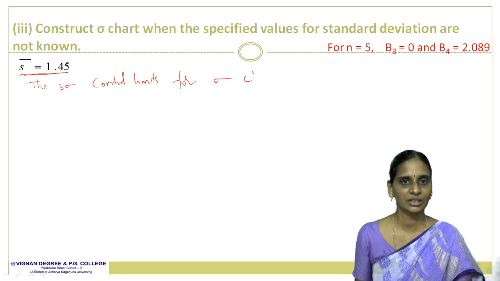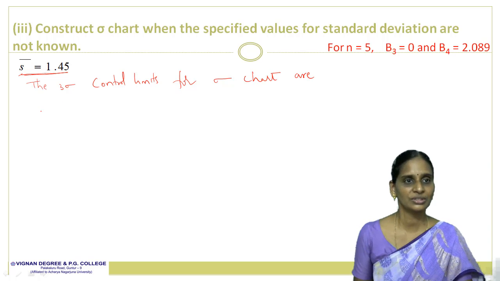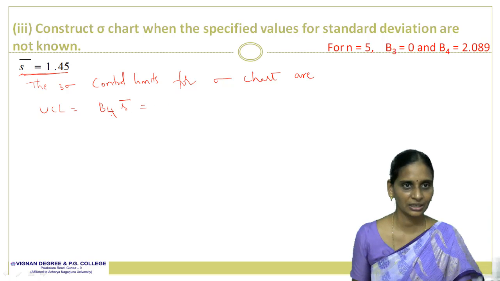For the sigma chart, UCL is equal to B4 S bar. The value of B4 can be obtained from the statistical quality control tables for n is equal to 5.